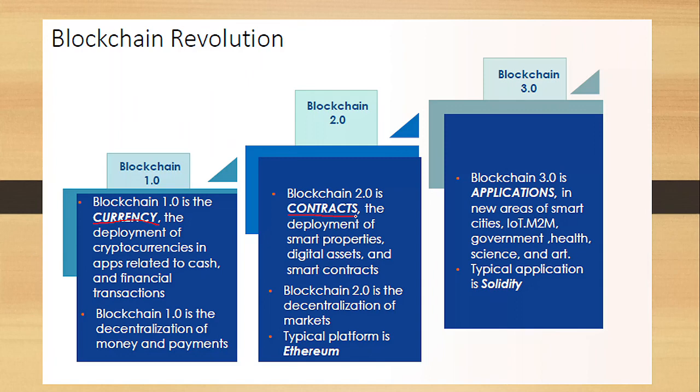So with the issue of contracts, we can also deploy smart properties. I've just talked about the smart city. We can also have digital assets, right? And the main technology that has propelled this particular use of smart contracts is what we refer to as Ethereum, right? This particular technology. We're going to look at it, right? Then lastly, we have currently blockchain 3.0.